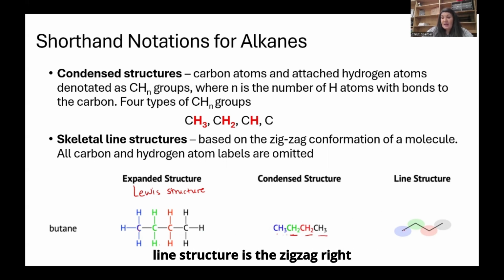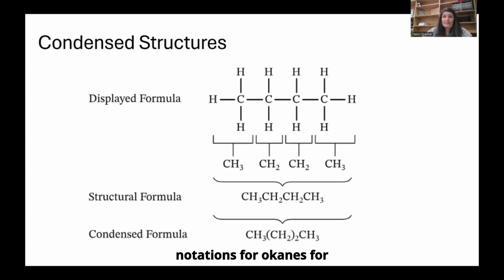The skeletal line structure is the zigzag right here, and there's a carbon at each end and each bend. So there are 4 carbons in the structure, 1, 2, 3, 4. This will be covered in a later video, but those are the 2 different shorthand notations for alkanes.